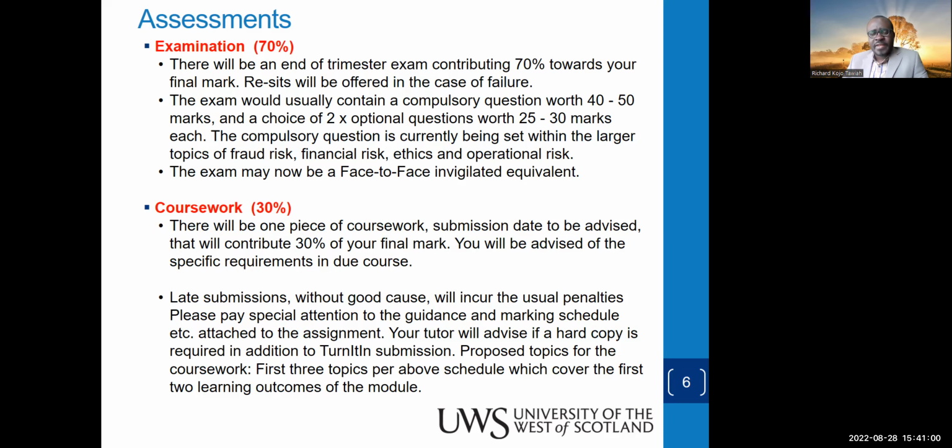And then you get 3 or 4 optional questions, where you choose 2 questions, okay? So it will be choosing 2 out of 3 or 4. But there'll be a compulsory section, and it covers everything, okay?